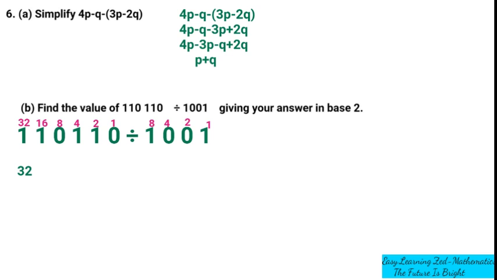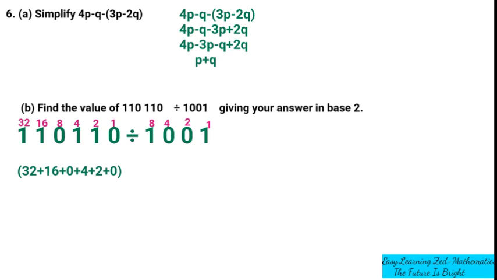Then 4 multiplied by 1 gives us 4, 2 multiplied by 1 gives us 2, 1 multiplied by 0 gives us 0. Those numbers should be in brackets like I've done there. Then we're going to divide by 8 multiplied by 1, which gives us 8.